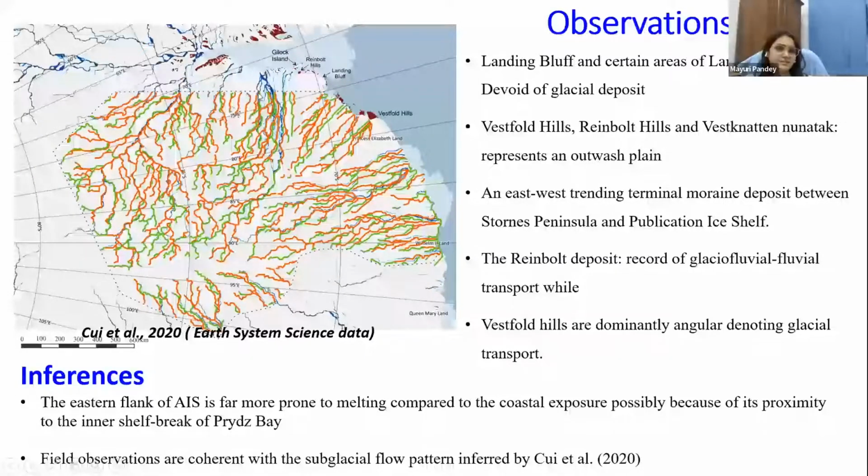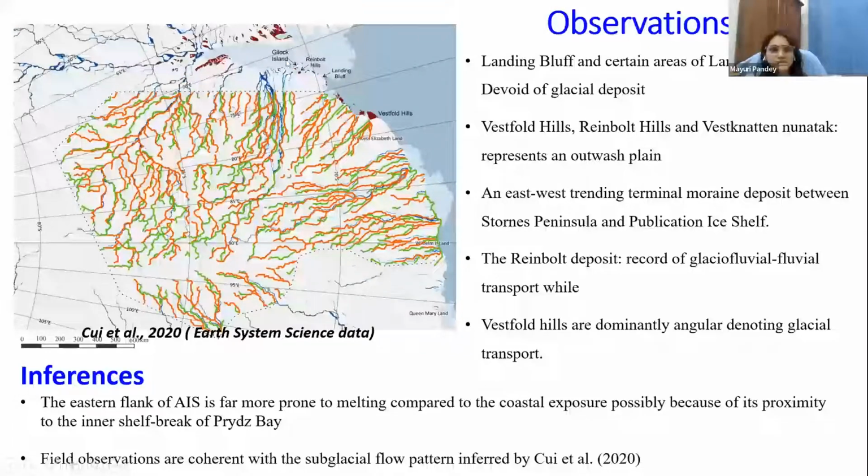Why this is happening is again entirely a different question, possibly because of the altitude, possibly because of the geomorphological features, or possibly because of the melting, or basically because of the geomorphology. Any other possibility could be there. But the higher melting level could also be significantly observed in the sediment supply in that particular area.